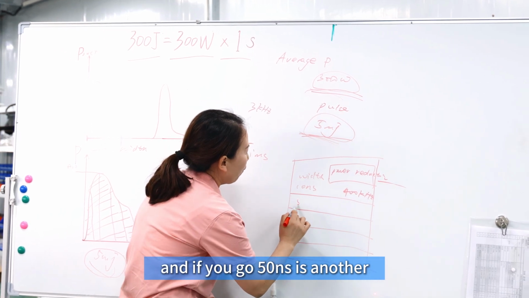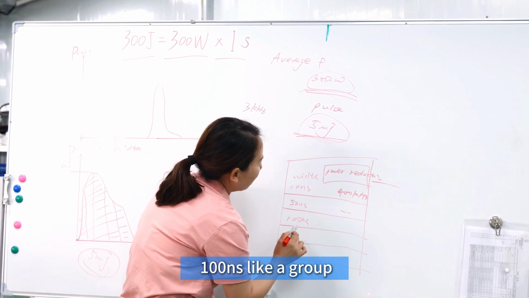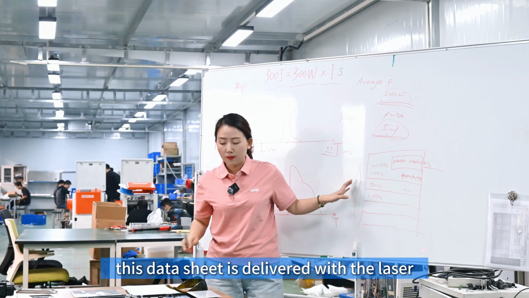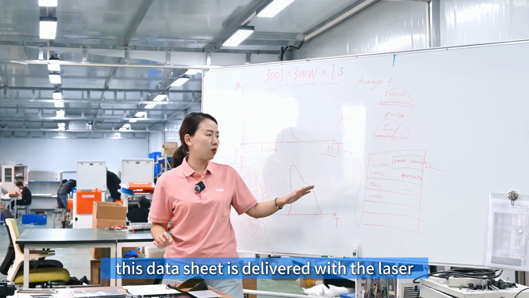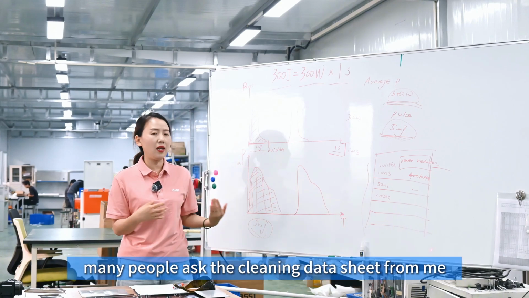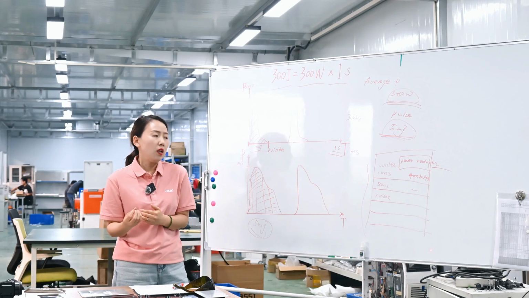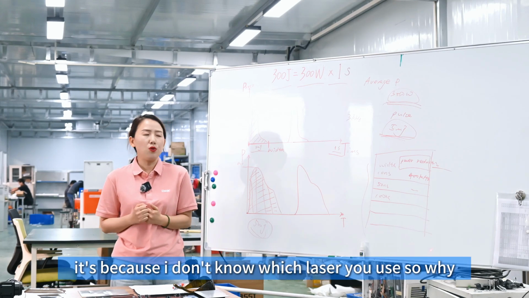And if you go to 50 nanoseconds, it's another value, and 100 nanoseconds is another group. This datasheet is delivered with the laser, so it is quite important. Many people ask me for the cleaning datasheet. I'm not sure my datasheet will suit you, because I don't know which laser you use.